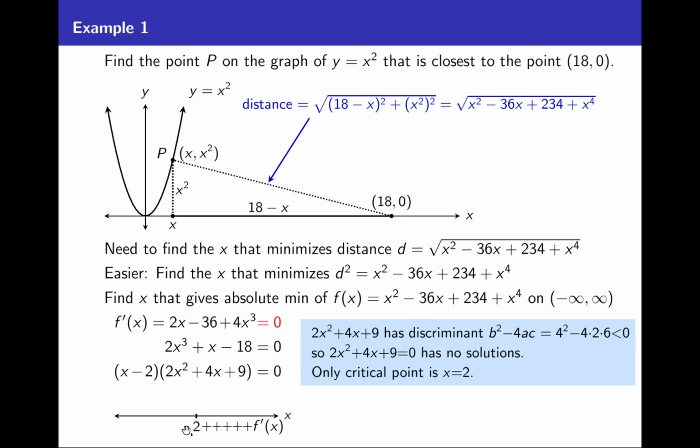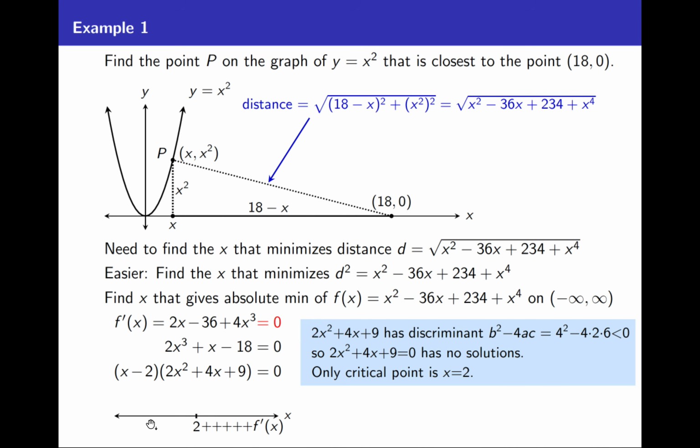Now, if x were less than 2, the x minus 2 is negative, but notice that there's some values of x that give you a positive value for this polynomial. We just plug one in after all, and there are no roots, so this can't cross the x-axis. It can't ever become negative. The 2x squared plus 4x plus 9 is always positive.